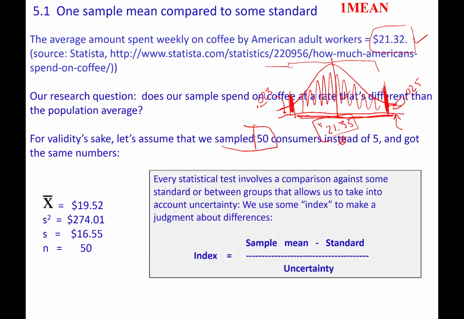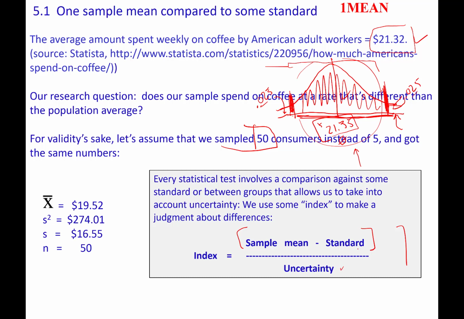Now, here's the thing, this is a very general point. Every statistical test involves some comparison in the numerator and then uncertainty in the denominator, and it ends up being an index. Basically the question is, is the difference you get here, divided by some measure of uncertainty, small or large relative to this population, right? Is it small enough to be considered in the null population?